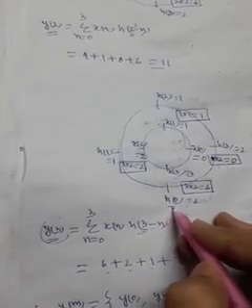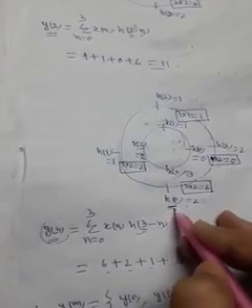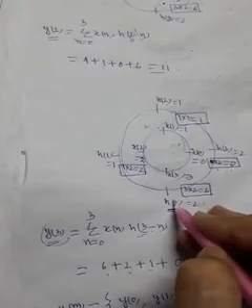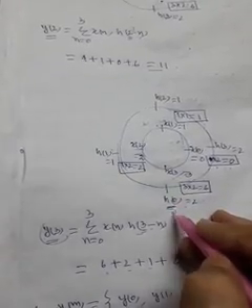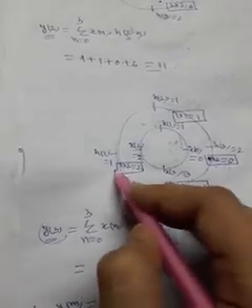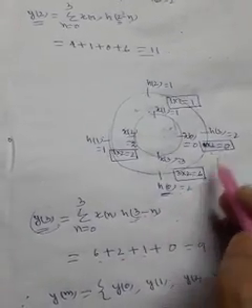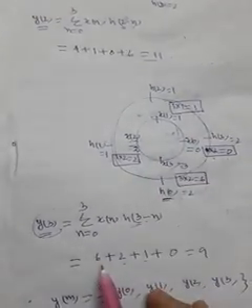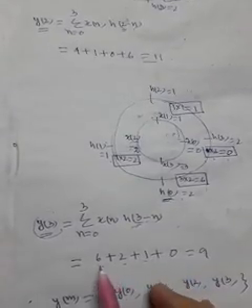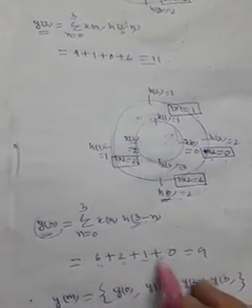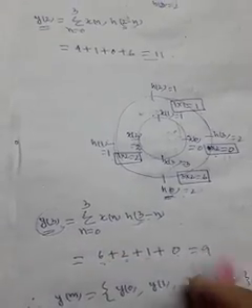Now by shifting 3 positions towards the anticlockwise direction, h0 will start from here, so h0, h1, h2 and h3. Similarly multiply the adjacent elements and you will get 6, 0, 1 and 2. So 6 plus 2 is 8, plus 1 is 9, plus 0 equal to 9. So we have obtained y of 3 is equal to 9.